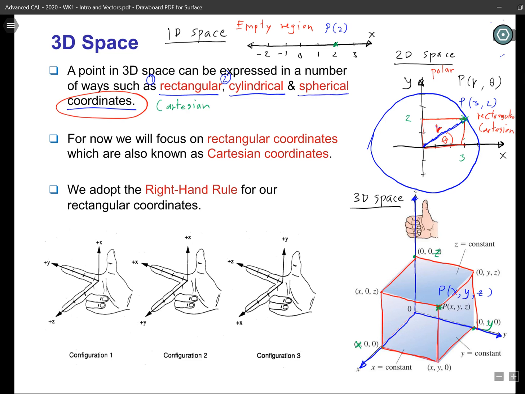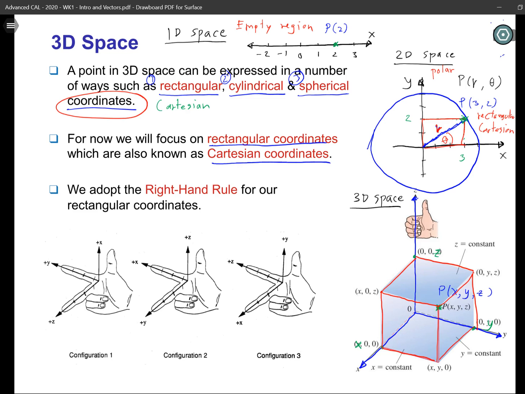And that is the spherical coordinate system, number 3. But as of now, we are going to focus on just rectangular coordinates, or the Cartesian coordinates, to keep things simple. And once we master the computation on the rectangular or Cartesian coordinates, we can move to cylindrical or spherical later.